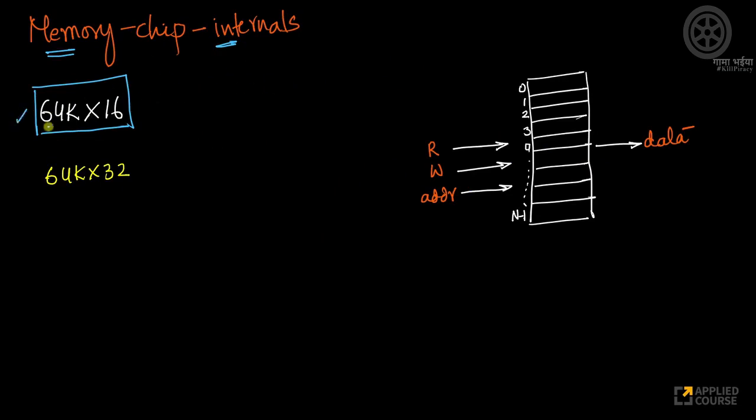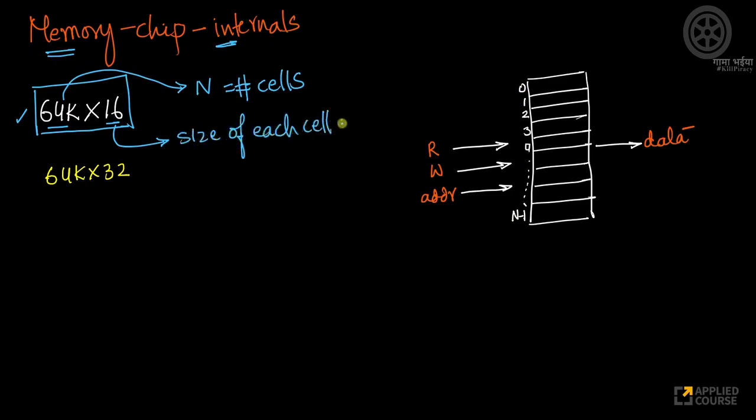If you look at the data sheet, it clearly tells you that this chip has this type of configuration: this chip is 64K cross 16. What does this mean? The first number, 64K, is your N, or in other words, the number of cells. The 16 here is the size of each cell in bits, which is how much data is stored in each cell.